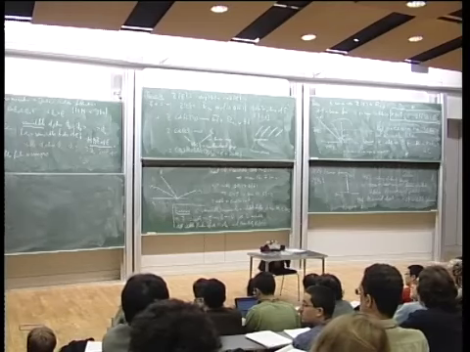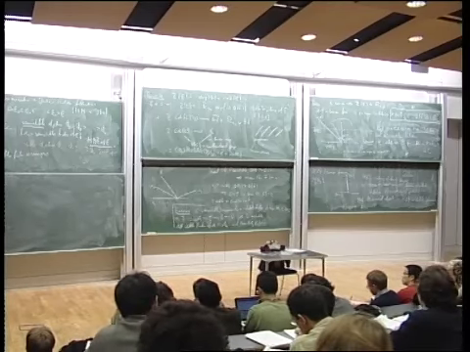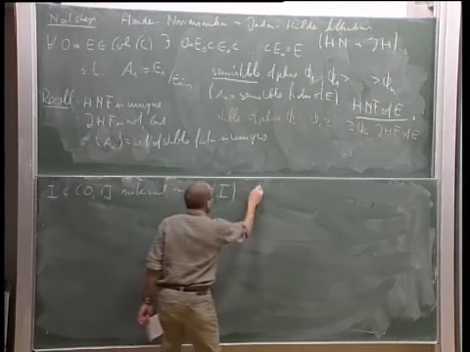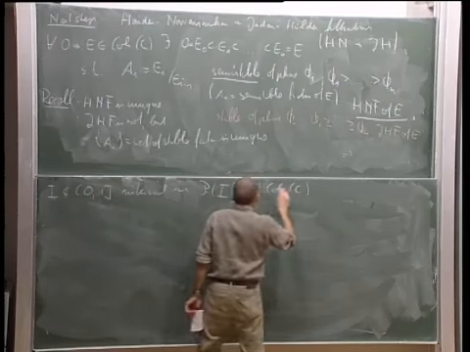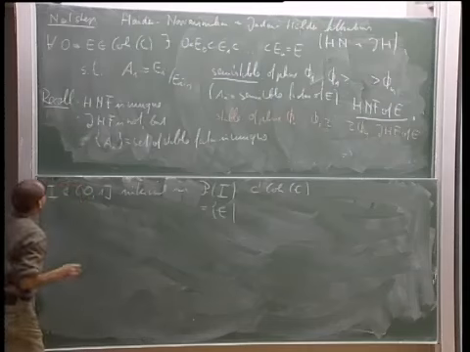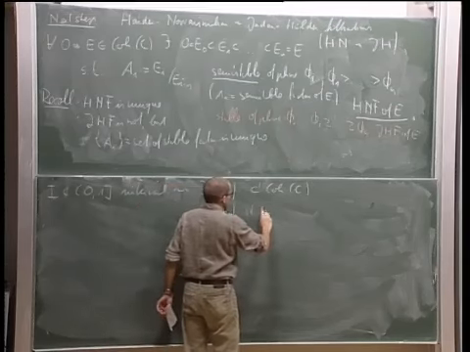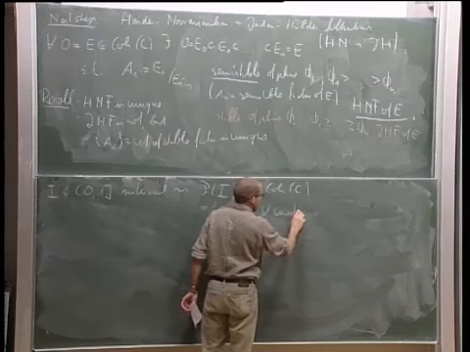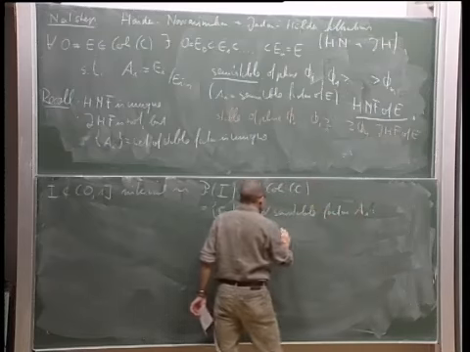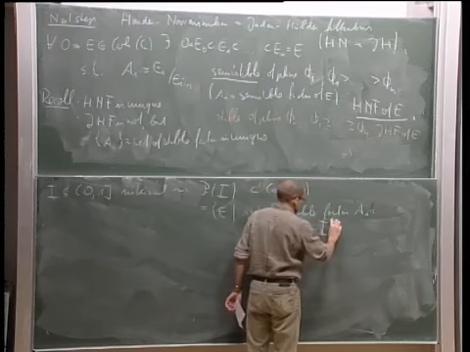So, for instance, for any interval in here, I will look at this subcategory. This is the subcategory of all objects whose semi-stable factors have a phase in this interval, such that the phase of all the semi-stable factors is in this interval.